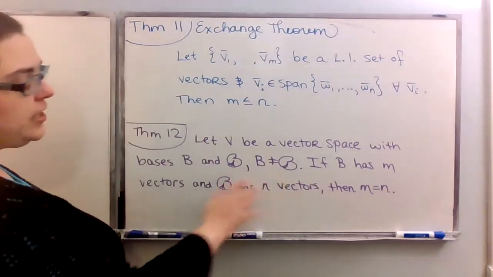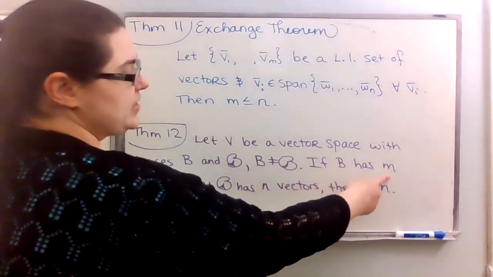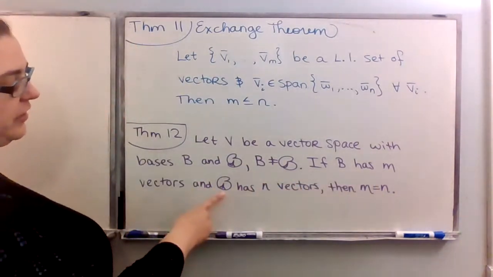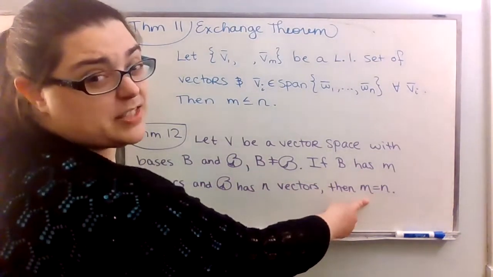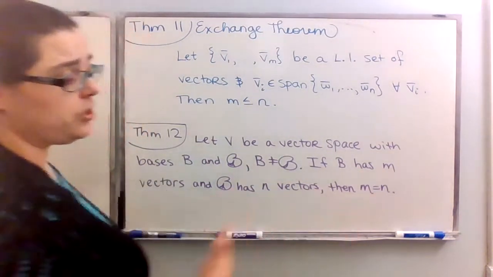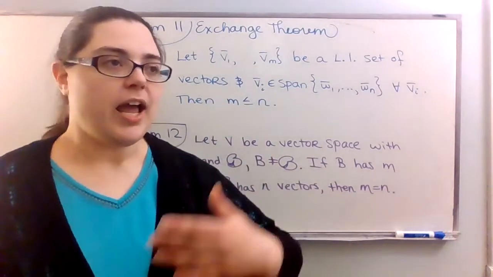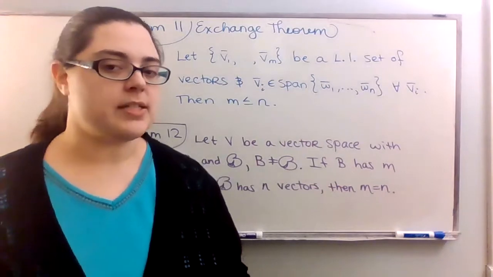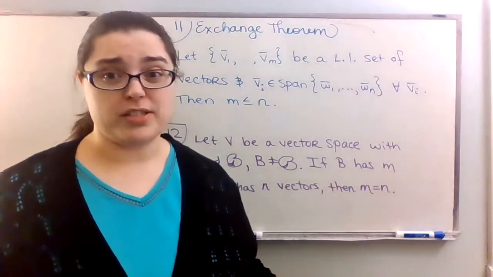So what this is saying is if I have 2 different bases, if B has m vectors in it and fancy B has n vectors in it, then they actually have the same number of vectors. So if I have a basis for a vector space that's got 8 vectors in it, and you have a basis for the vector space that has 6 vectors in it, and it's the same vector space, one of us is wrong.